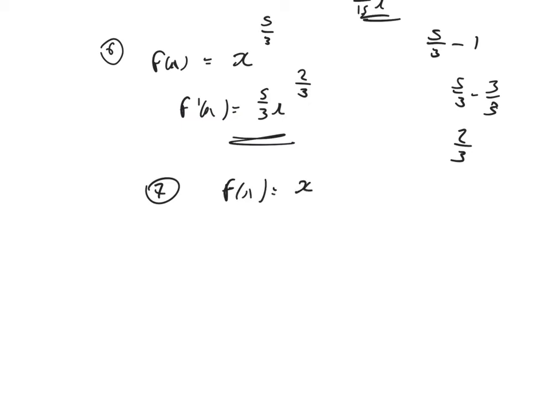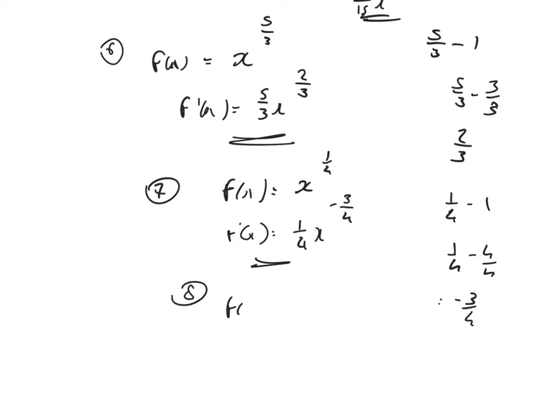Okay, example 7, f of x equals x to the 1/4. Okay, differentiate, bring the power down, multiply, take one away from the power, 1/4 x to the minus 3/4, because it's 1/4 of a pizza, take away a full pizza, so it's a quarter, take away 4/4, and that is minus 3/4.